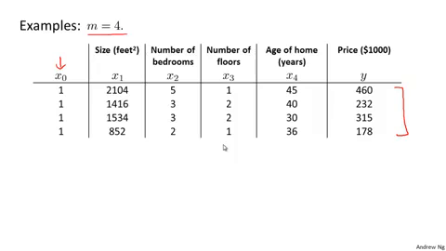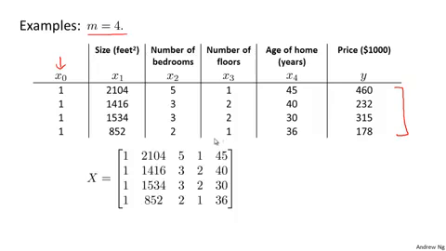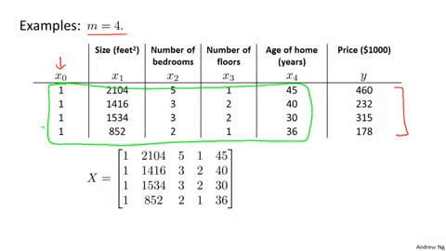What I'm going to do is then construct a matrix called capital X. That's a matrix that basically contains all of the features for my training data. So concretely, here are all my features. I'm going to take all those numbers and put them into this matrix X. Okay, so just copy the data over one column at a time. And then I'm going to do something similar for y.